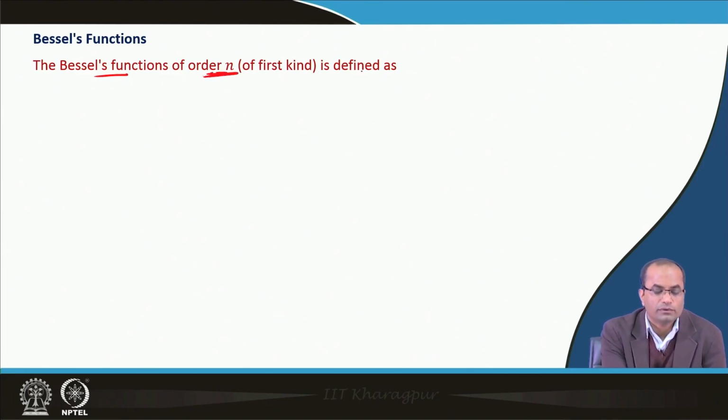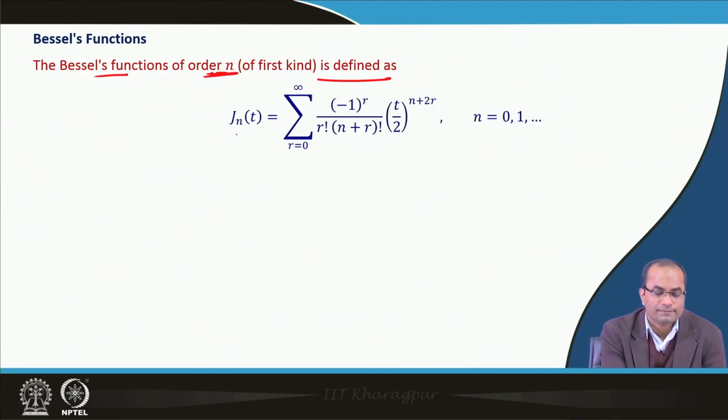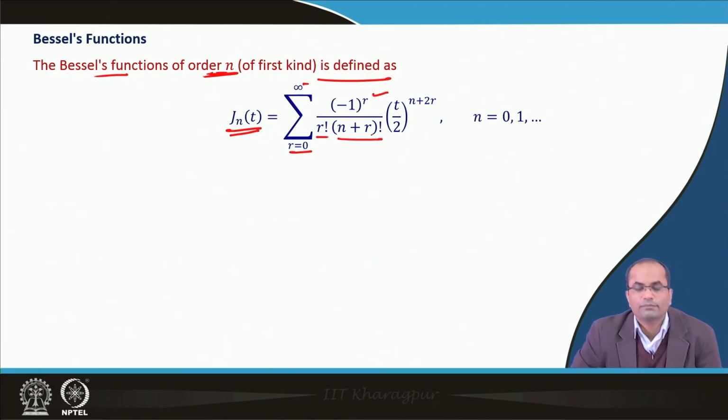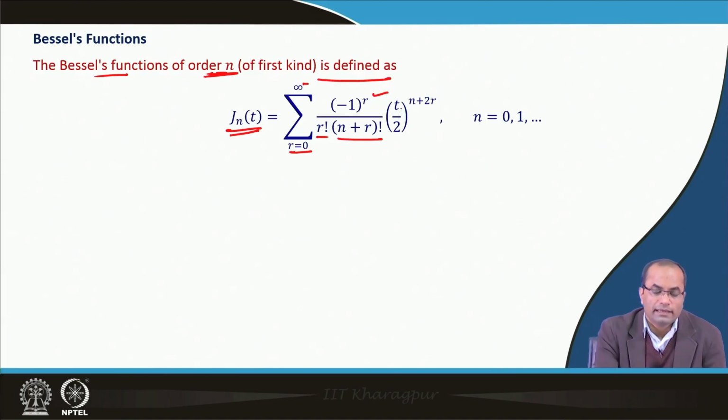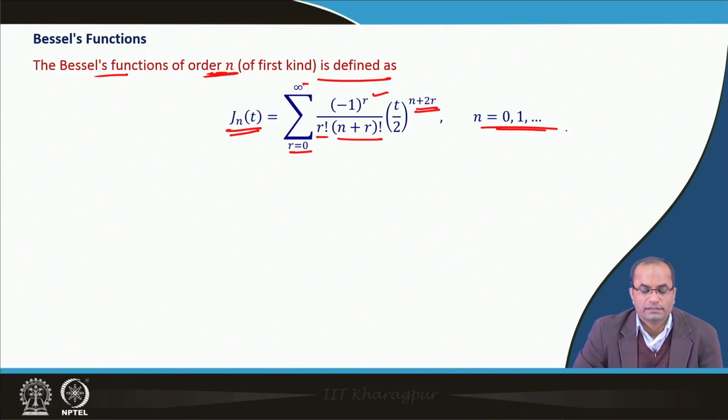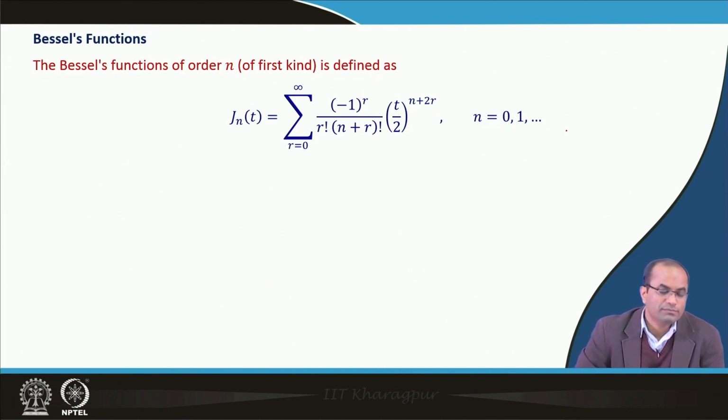That order is important, and this is defined with this infinite sum: J n of t equals the sum, r goes from 0 to infinity, of minus 1 power r over r factorial times factorial of n plus r, times t by 2 to the power n plus 2r, where n goes from 0, 1, 2, 3, etc. So, this is how the Bessel functions of order n are defined, and this is of the first kind.